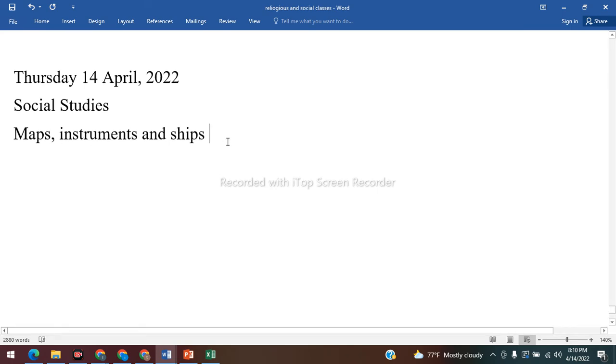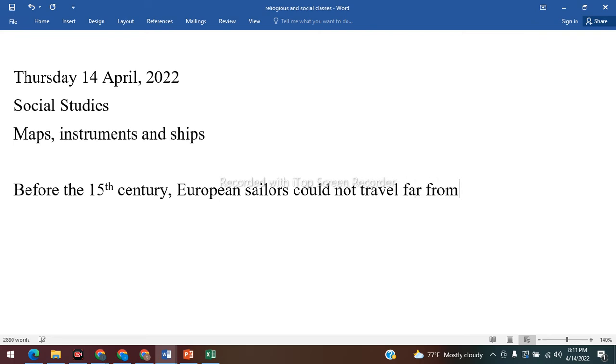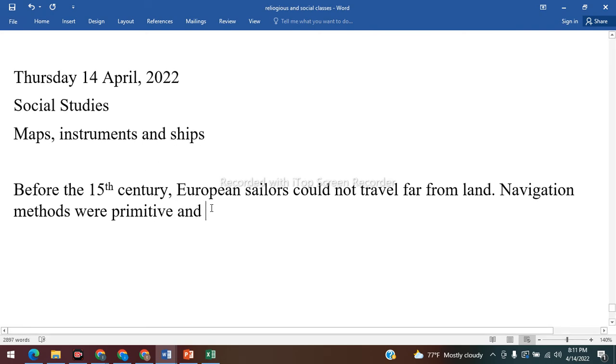Alright. So, maps, instruments and ships. Before the 15th century, European sailors could not travel far from land. Why not? One of the reasons was that navigation methods were primitive.